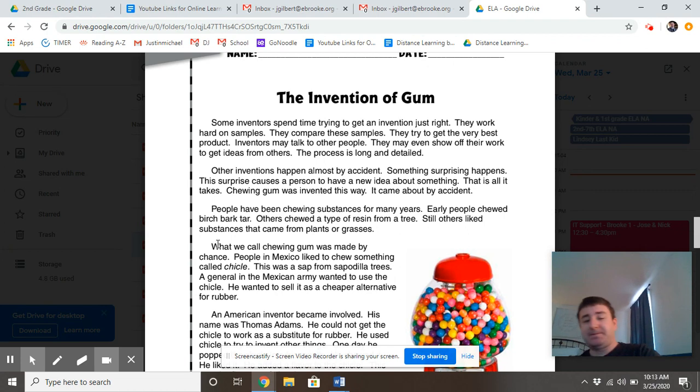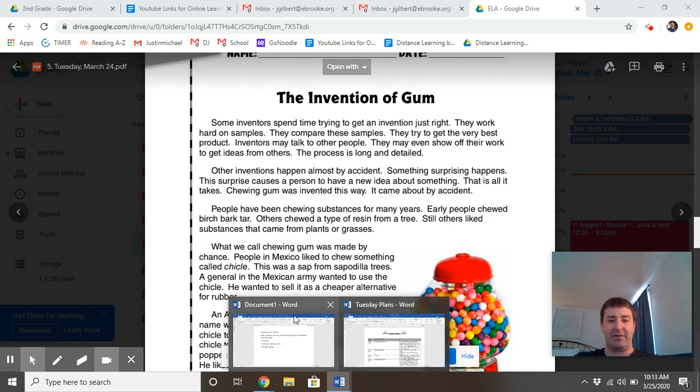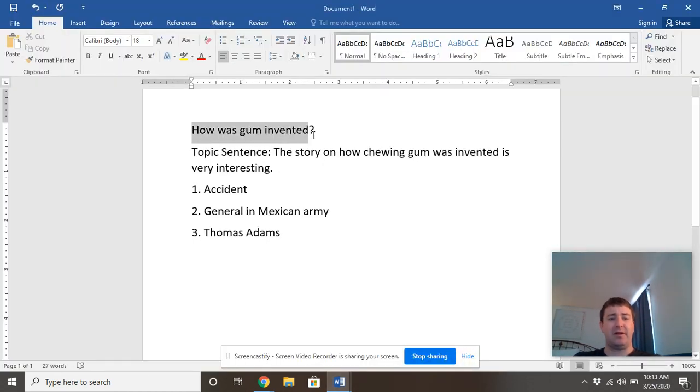Okay, so yesterday, just to kind of recap what we talked about, we read The Invention of Gum and we highlighted some evidence. And I'm going to go back right now. I'm going to re-highlight that evidence because I don't believe I was able to save the evidence highlighted here. So the prompt we were answering was, how was gum invented? And we came up with three ways together. We talked about how gum was invented by accident.